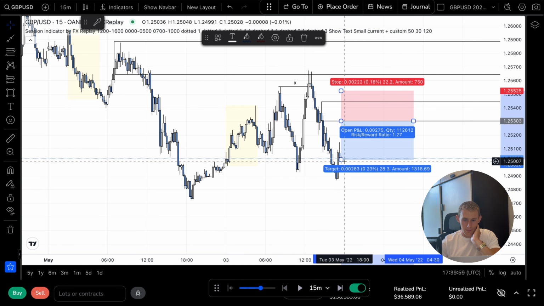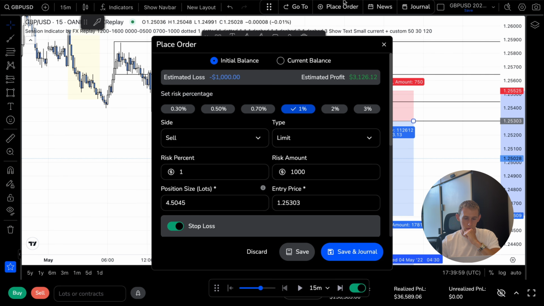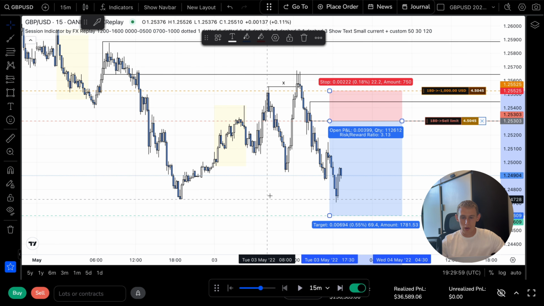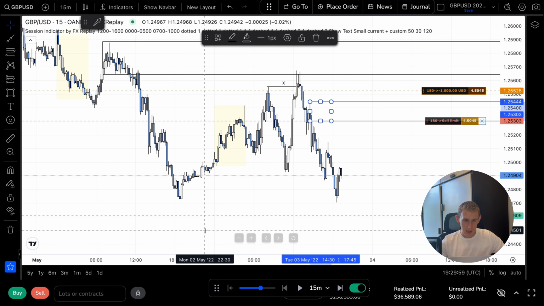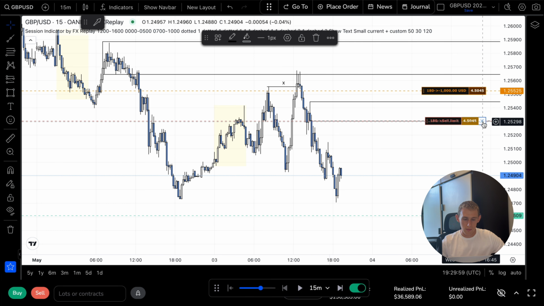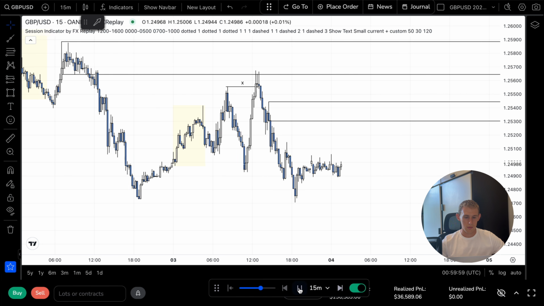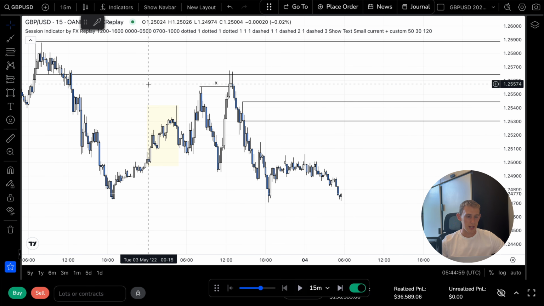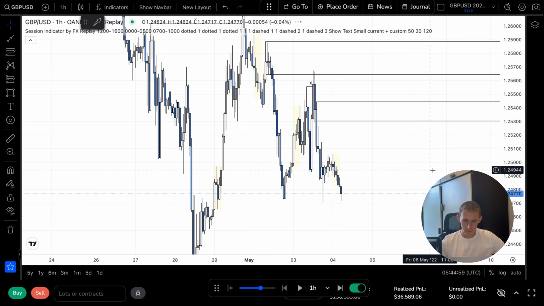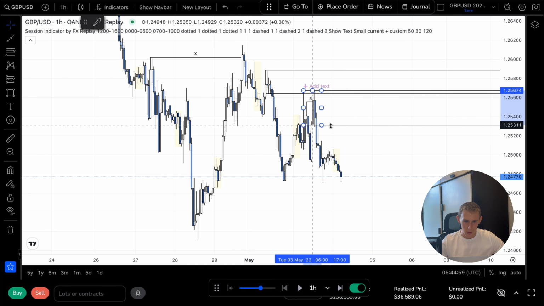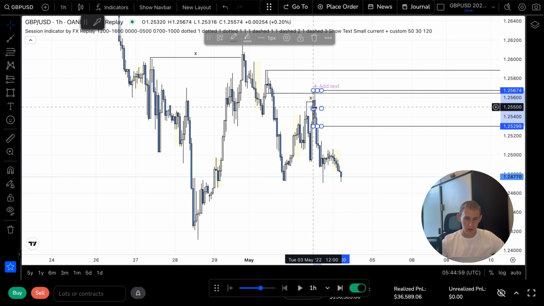Let's see. Nope, so this is no longer valid because price broke the main low, which was this one. It probably isn't going to pull back here. This is still a valid POI if price pulls back into it, but we would need another confirmation now.